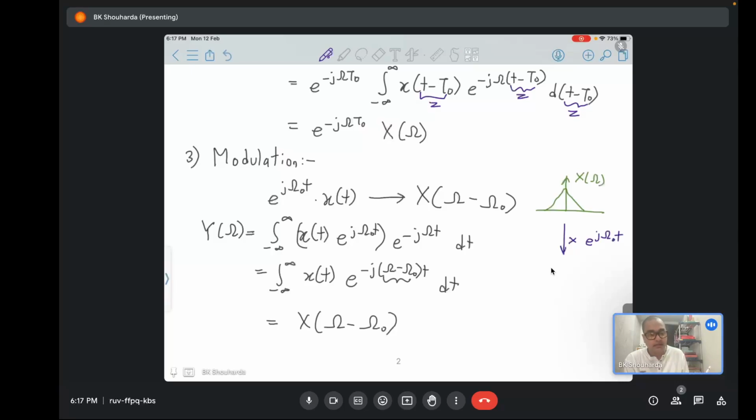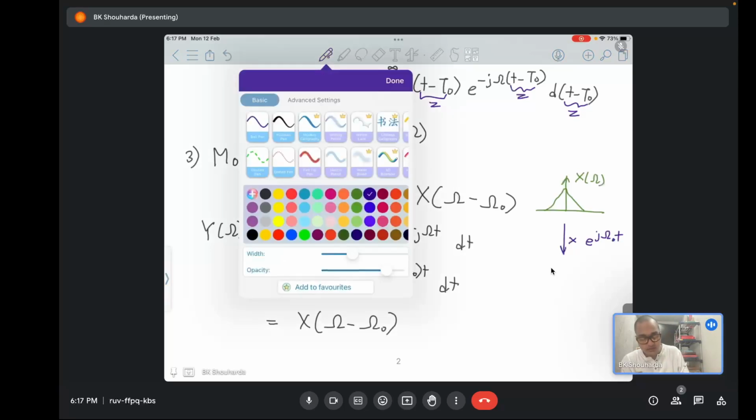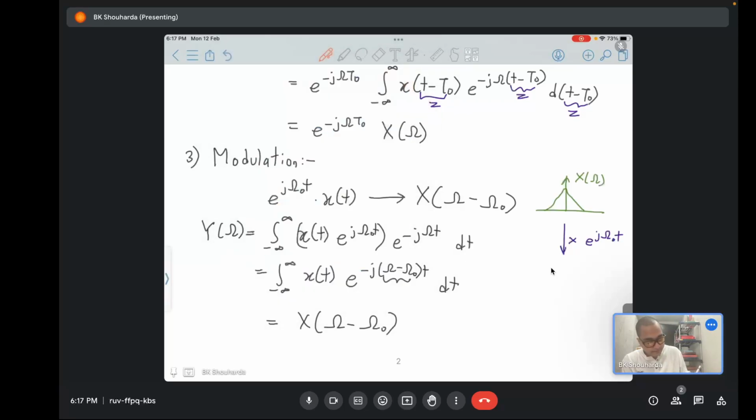If you multiply this signal with this complex exponential, what we get is a shift. We shift this spectrum to omega naught. It has moved to a different frequency, and this shifting to a different frequency is called modulation.